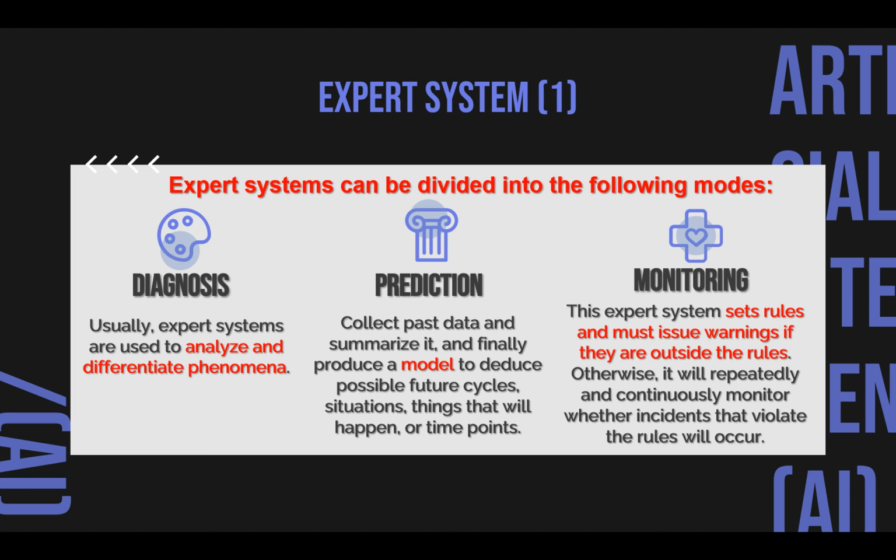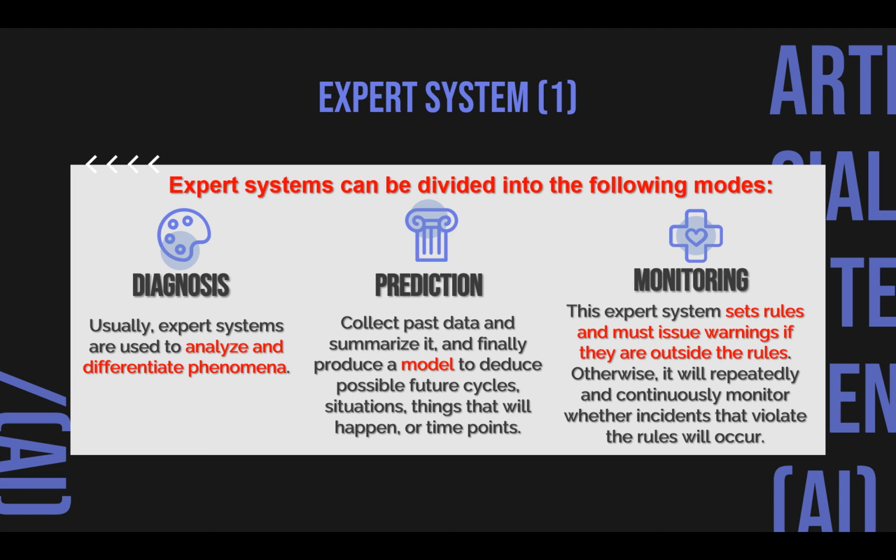And on the right hand side about the thinking part, our class is called logical and critical thinking. I think number 3 item is about the expert system, and expert system can be divided into the following modes. First one called diagnosis.